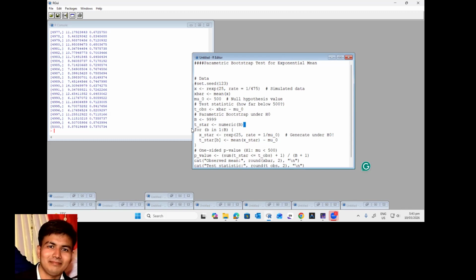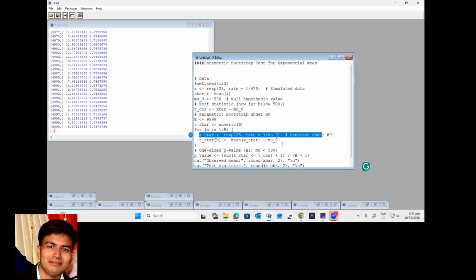After that, we apply the for loop. In the for loop, in the x star, we draw a new random sample of size 25 from an exponential distribution with mean exactly mu equals 500, since the rate is 1 upon 500. This is the key idea of the parametric bootstrap: we simulate from the model under the null hypothesis.